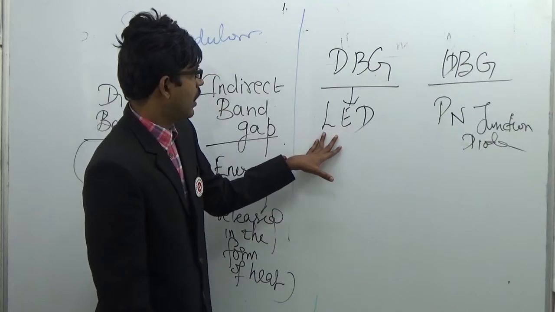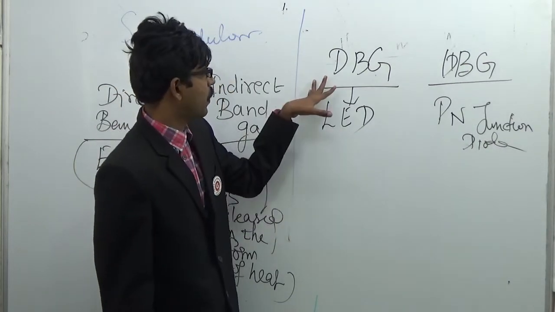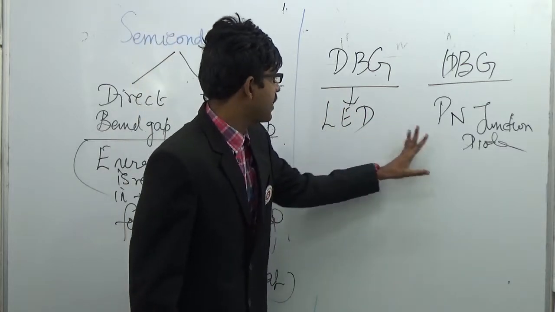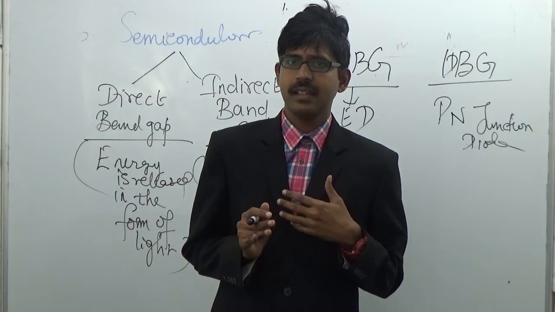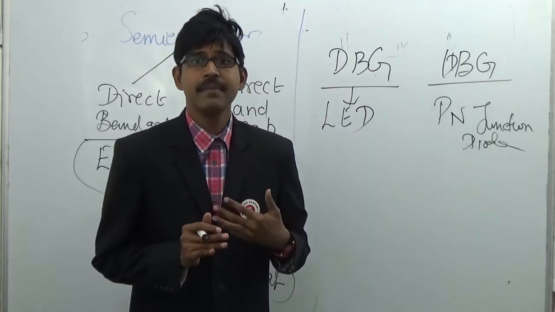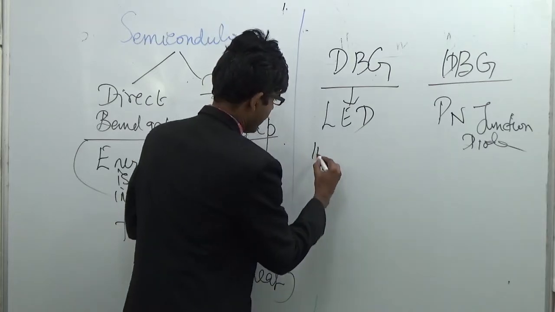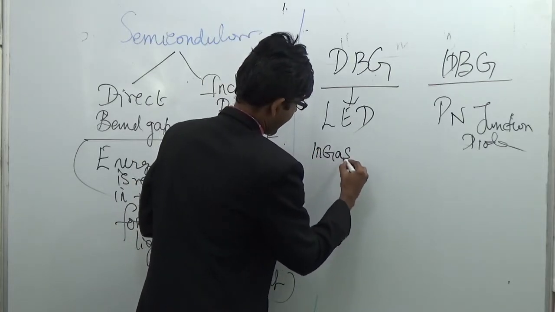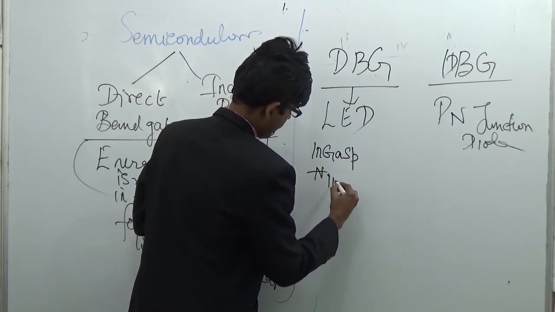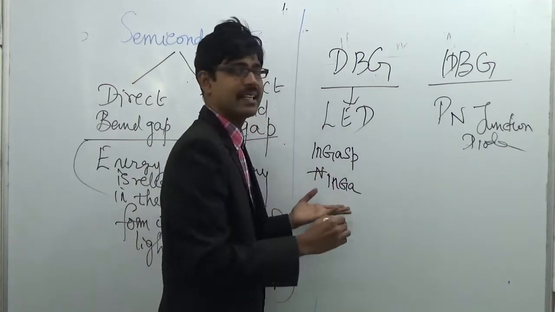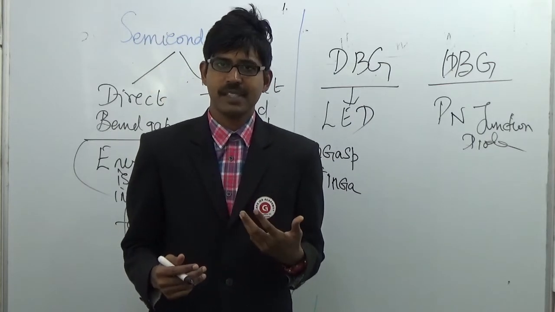Now, when we talk about the physics of a light emitting diode and a p-n junction diode, what are the types of materials that can be used for making a light emitting diode? Direct bandgap material examples: indium, gallium, arsenic. These are the examples for direct bandgap semiconductors.